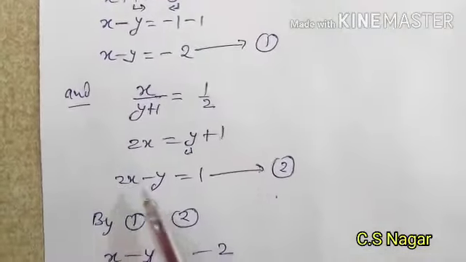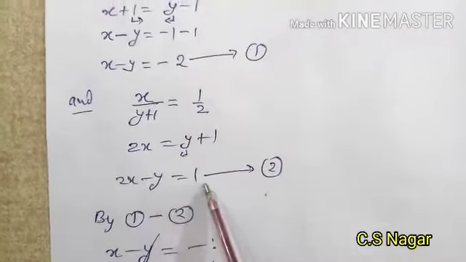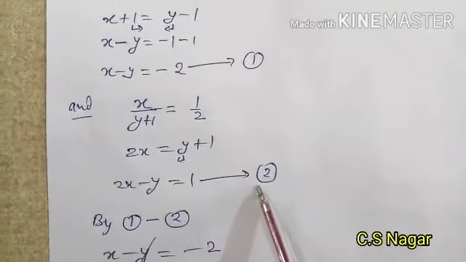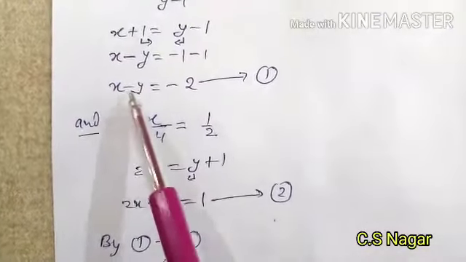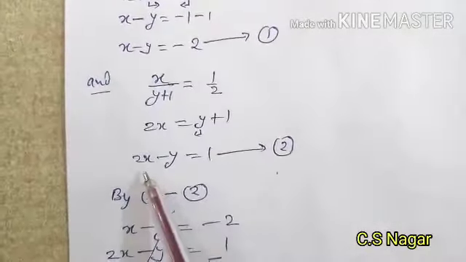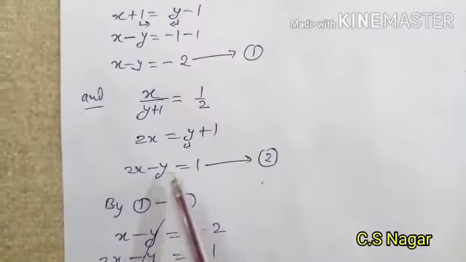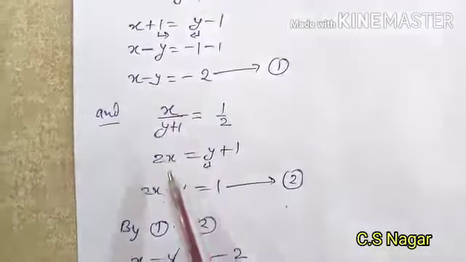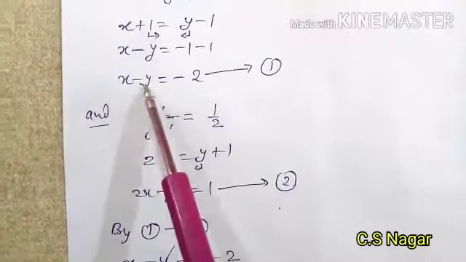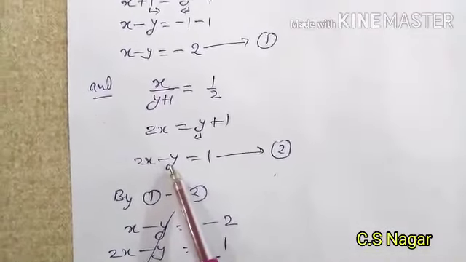Y transferring to the left side, so 2x minus y is equal to 1, and give equation number 2. Observe equation number 1 and 2. Here equation number 1, x minus y is equal to minus 2, and second equation 2x minus y equal to 1, equation number 2. Here the coefficients of y are equal, here minus 1, here also minus 1.